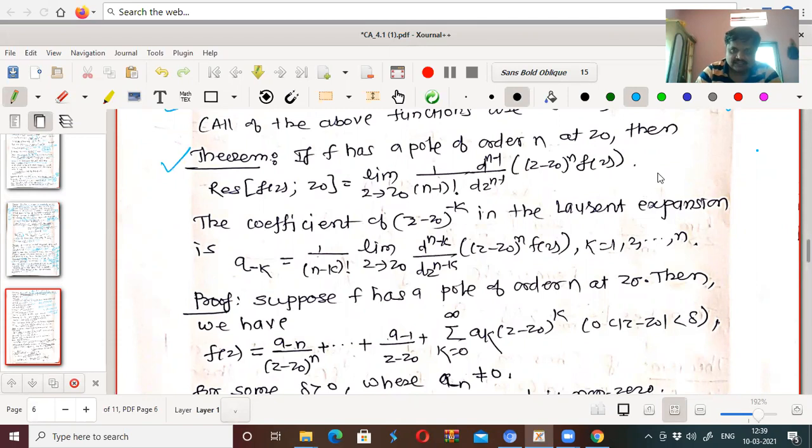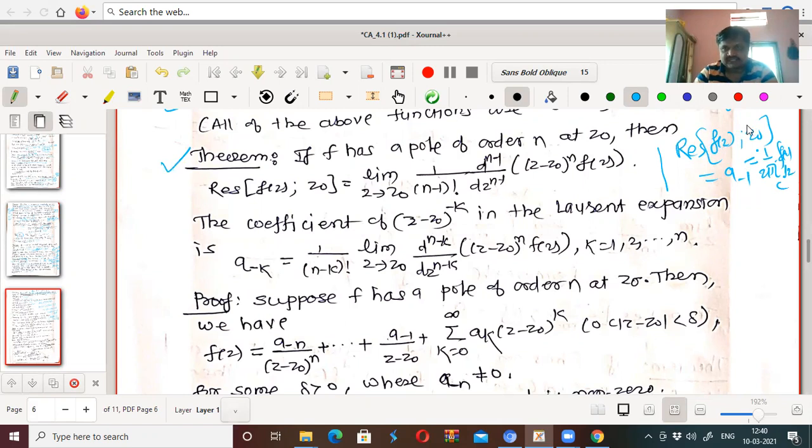In the last lecture we saw the concept that the residue of f of z at z equal to z0 is a minus 1, that is, the minus 1th coefficient in the Laurent series expansion, which is equal to 1 upon 2 pi i integral over c of f of z with respect to z.